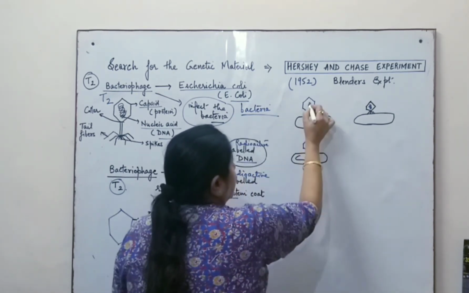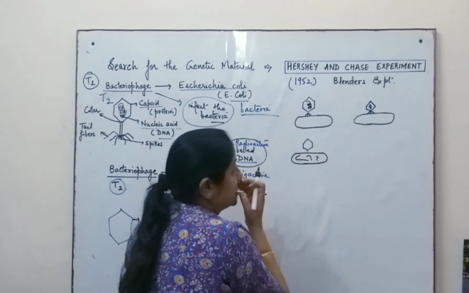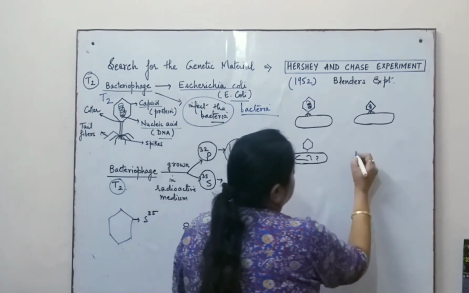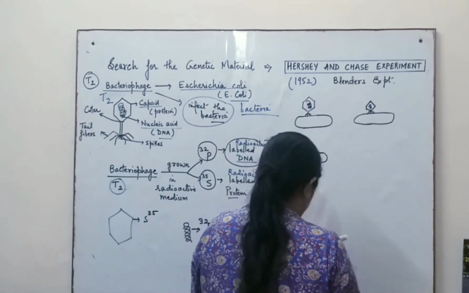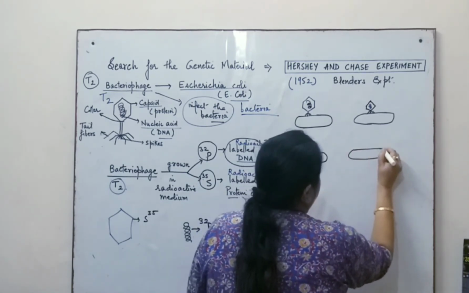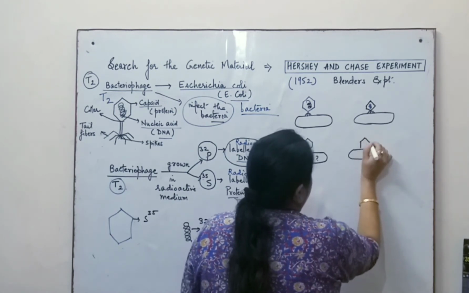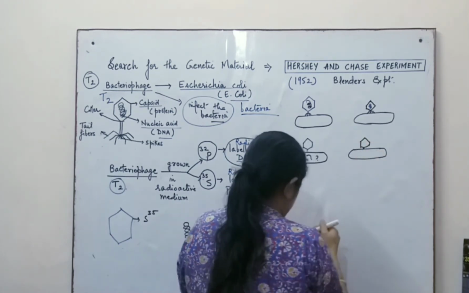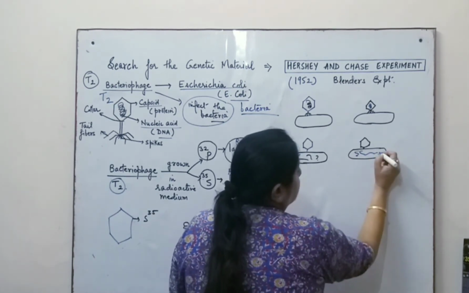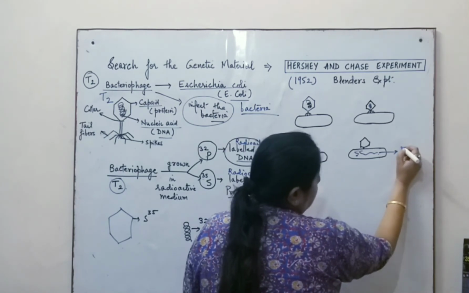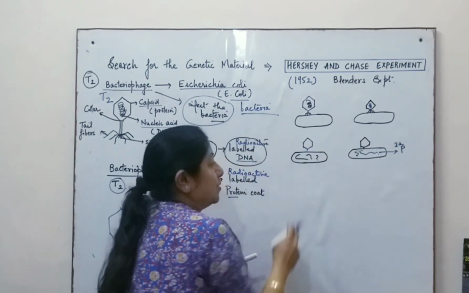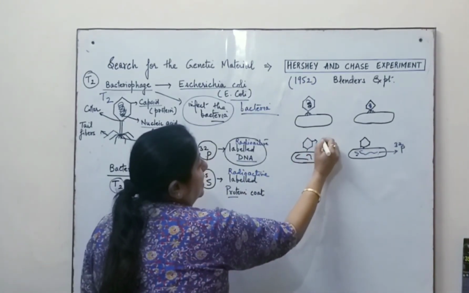This is the DNA which is not radioactive, and here it is. This is the radioactive labeled P32 DNA, and here is the protein coat which remains outside.